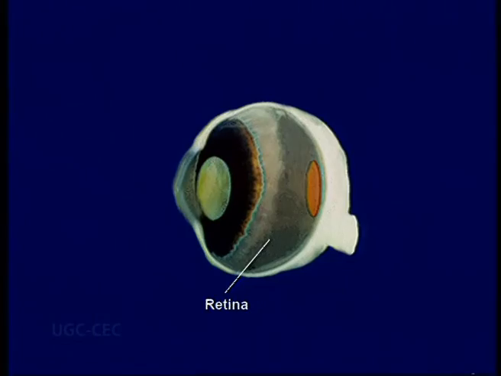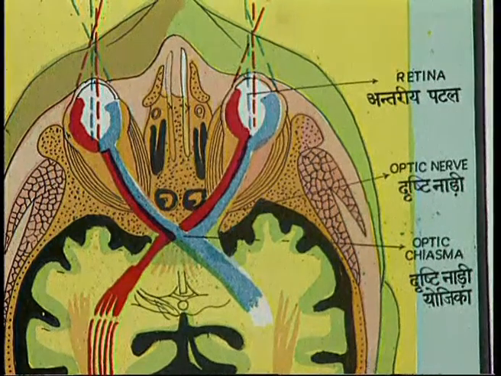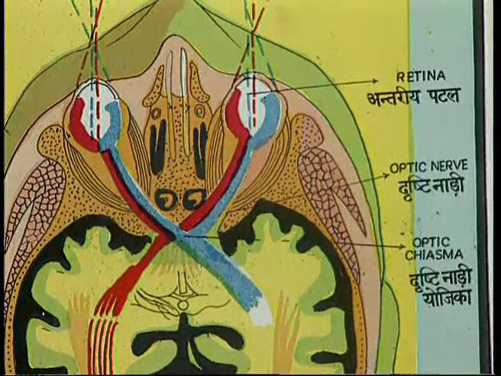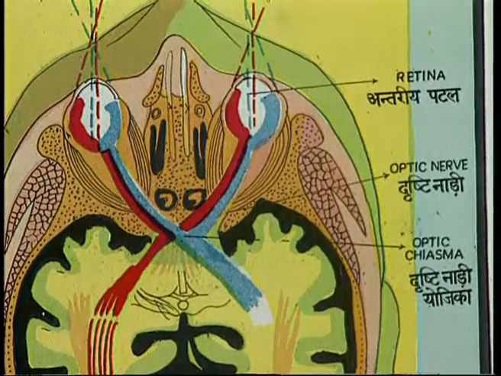Now, about the third layer. The third layer of the eyeball is very important, a nervous layer of the eyeball, and it is called retina. Retina is formed of different types of nervous tissue, nerve cells, and different types of accessory cells which join the main nerve cells on which the image is formed.